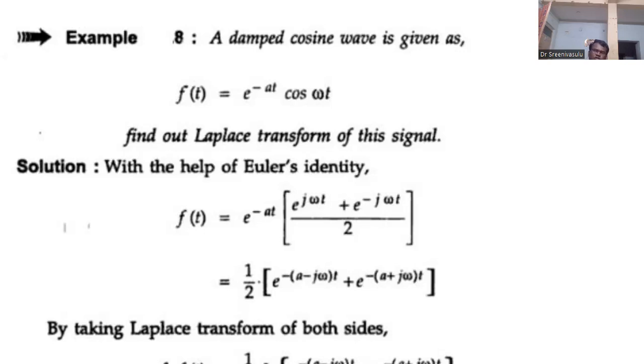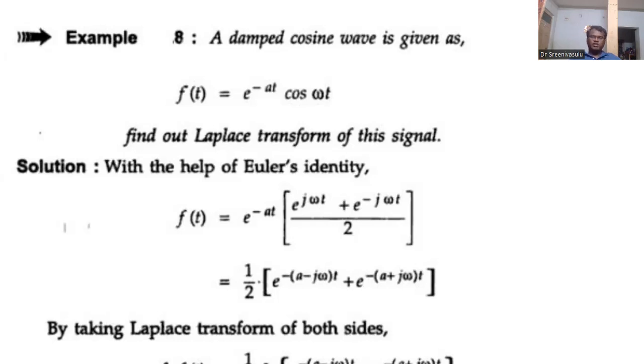And as usual here, what is the Laplace transform formula of e power minus at? You just take that formula. What is the Laplace transform of e power minus at u of t? It is 1 by s plus a, and the ROC is real part of s greater than minus a.